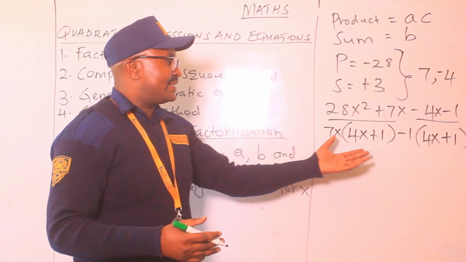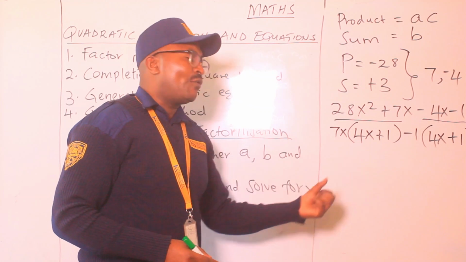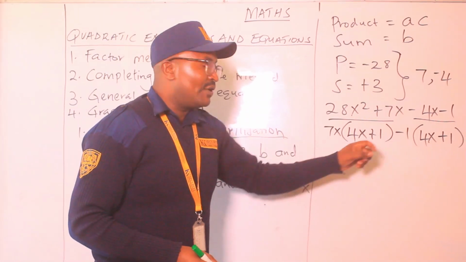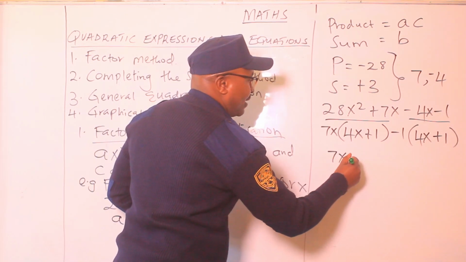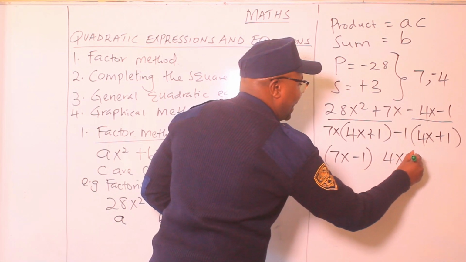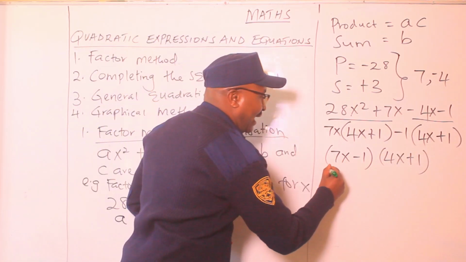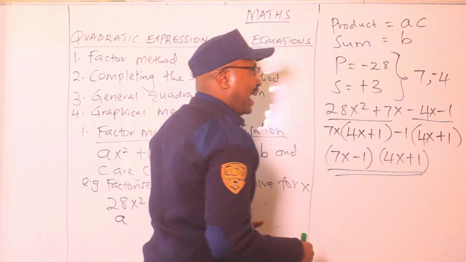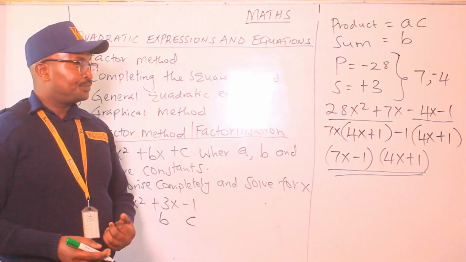Then you take the values in one bracket and the one outside of the bracket, that is 7x minus 1 and 4x plus 1. Up to this point, this becomes our answer in terms of factorization.